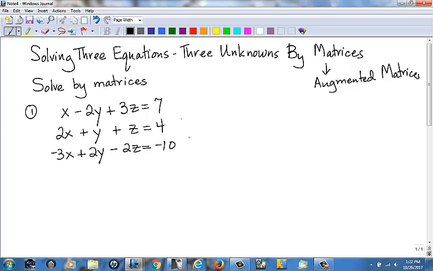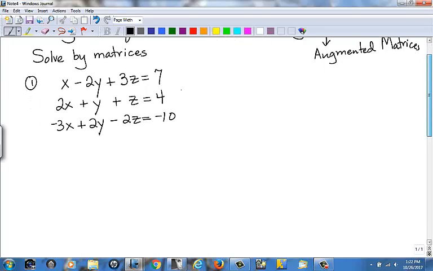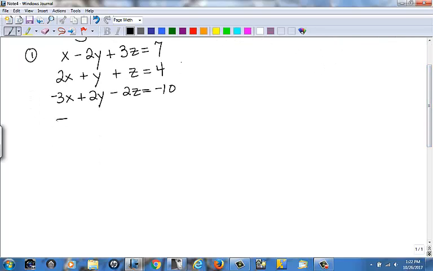And it actually is easier once you get used to the method, because the x's are just a placeholder. You know anything in that first column has an x with it. Anything in the second column has a y with it. So what they do is they will write it, and a matrix has a bracket around it. So they just basically throw out the variables and write the coefficients.